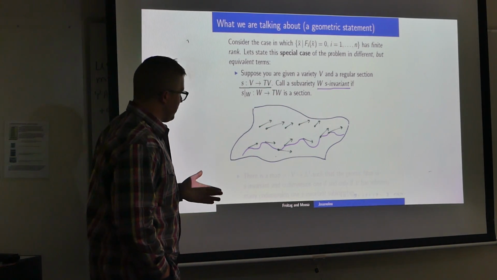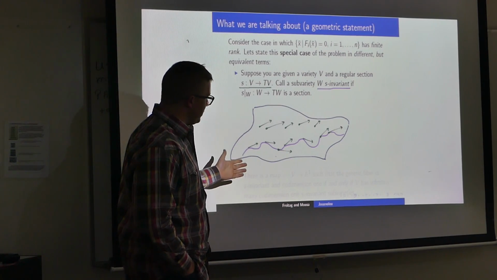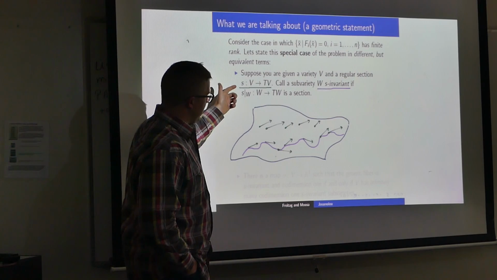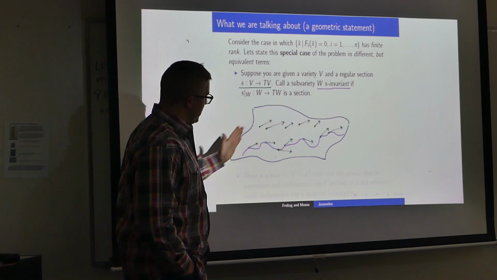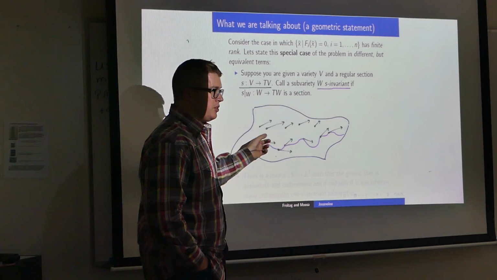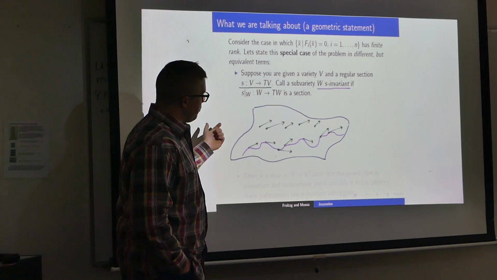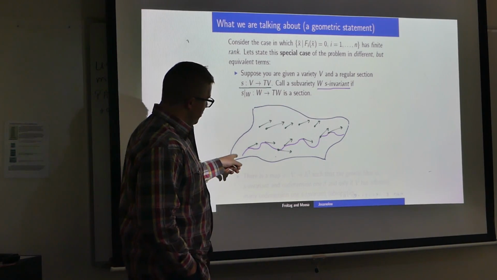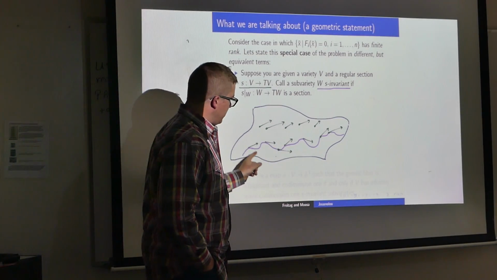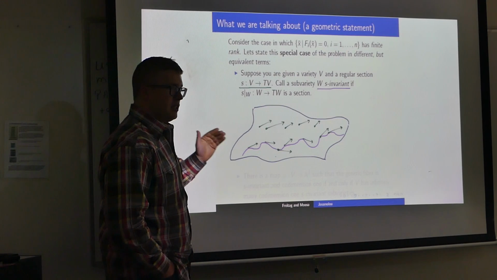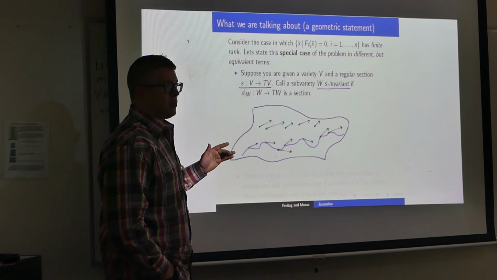And so what that means, for instance, if this is a picture of a surface, then to give a section of the tangent bundle on that surface, you're essentially picking a direction at every point. I couldn't draw them all. And to give a variety W which is s-invariant, you have to draw a curve on the surface so that at each point you draw an arrow, the arrow points into the tangent line of the curve at that point.